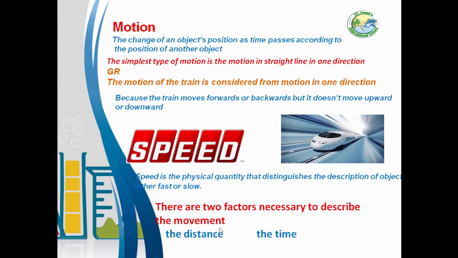So we can describe motion by using two factors: the distance covered by the moving object, and the time taken by the moving body to cover this distance. Distance and time are the two factors necessary for the description of motion.